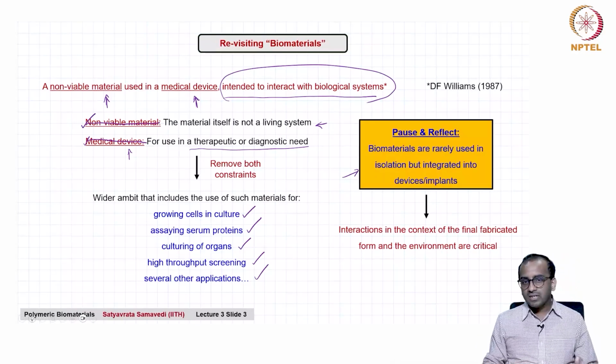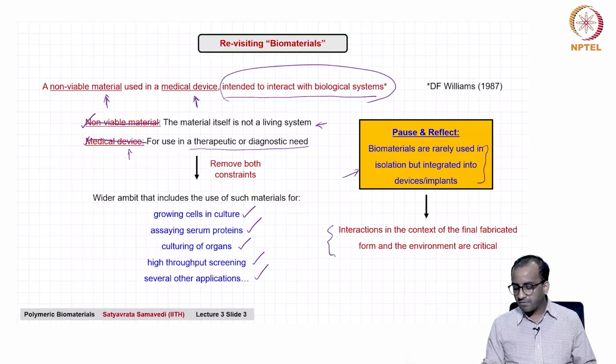At this point, it's also useful to introspect on this particular point, which I have alluded to earlier, which is that biomaterials are rarely used in isolation on their own, but are typically integrated into devices or implants. So the interactions that we talk about with the biological tissue or the host are in the context of the final fabricated form and the environment, both of which are critical, right?